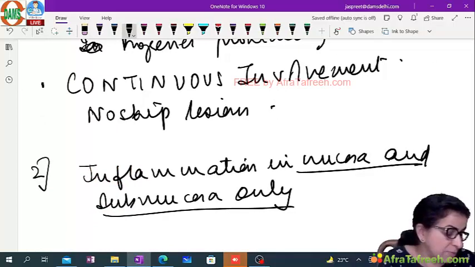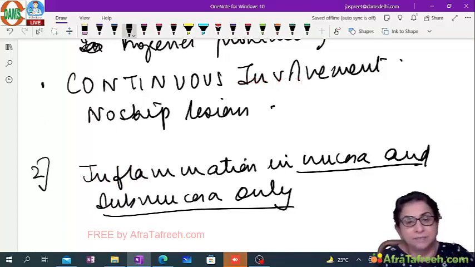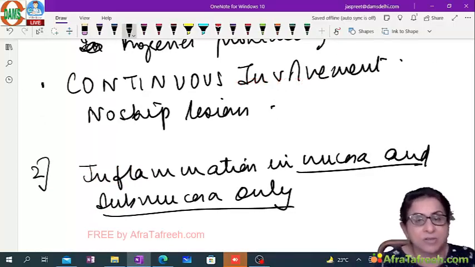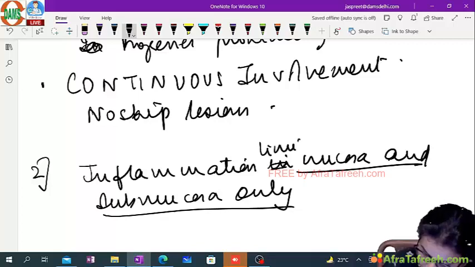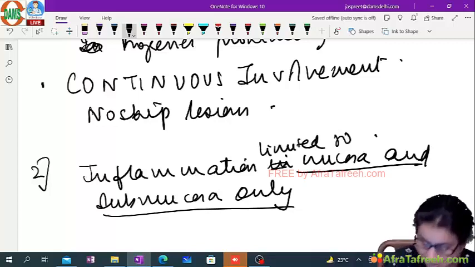The muscularis propria and the serosa are not involved. So inflammation is limited to mucosa and submucosa.